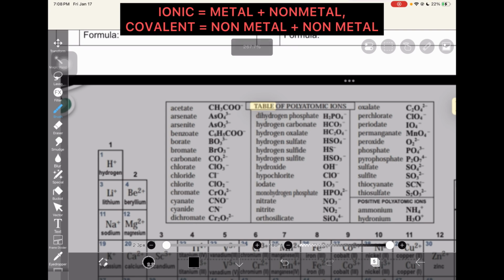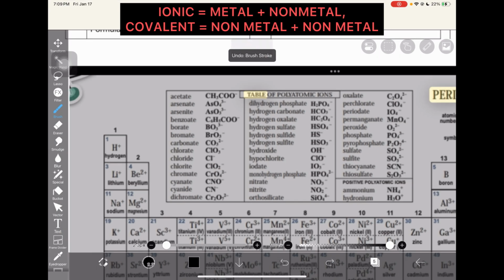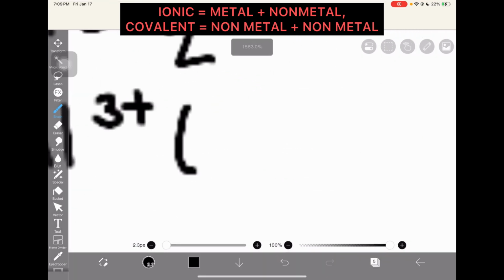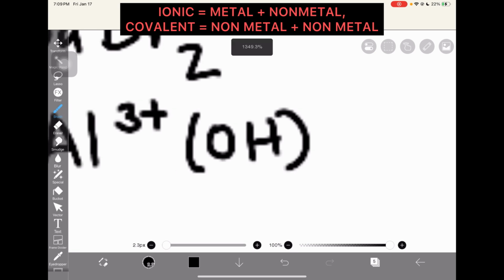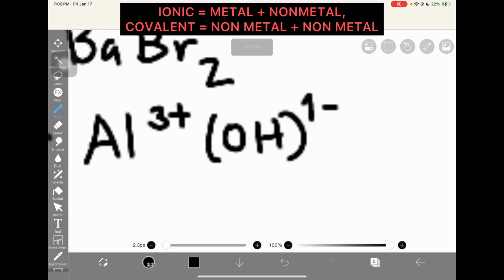These are thankfully alphabetically ordered, and we have hydroxide. So we're just gonna put this in parentheses, OH, and then have the negative 1 minus charge outside.